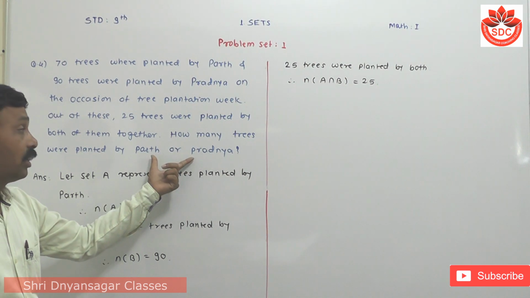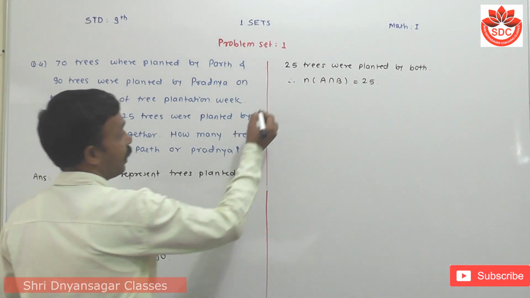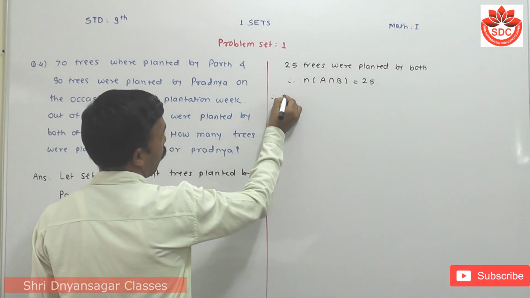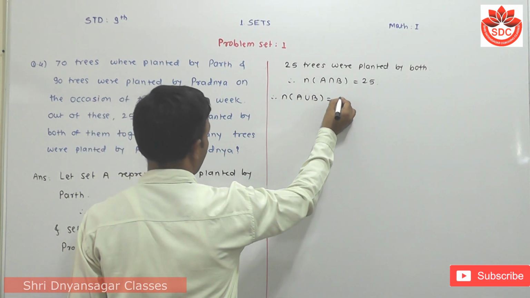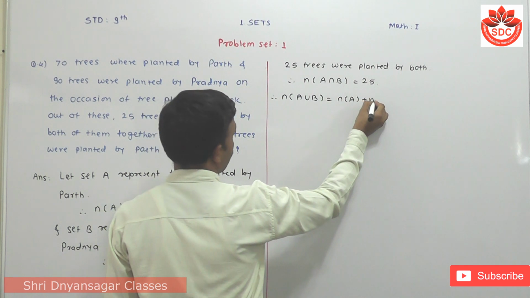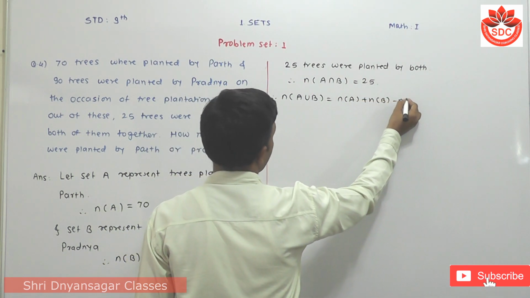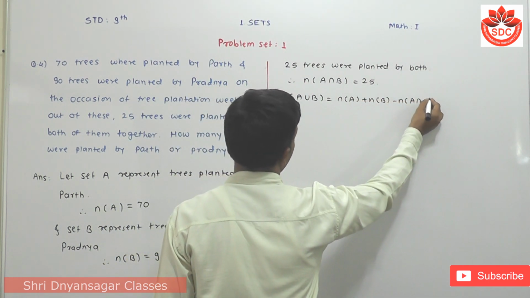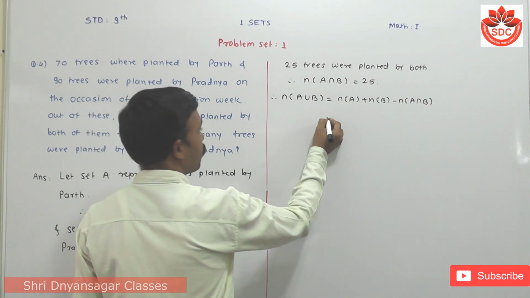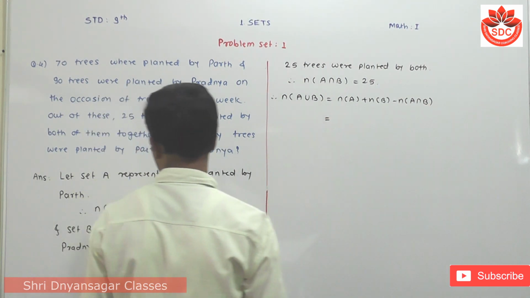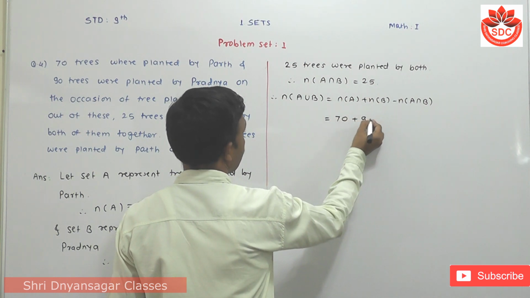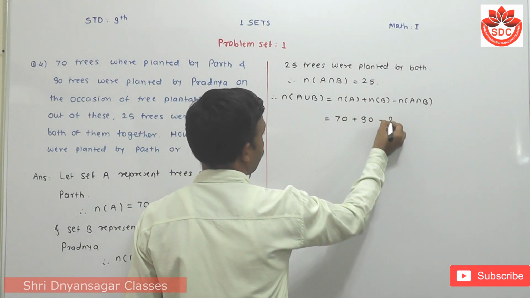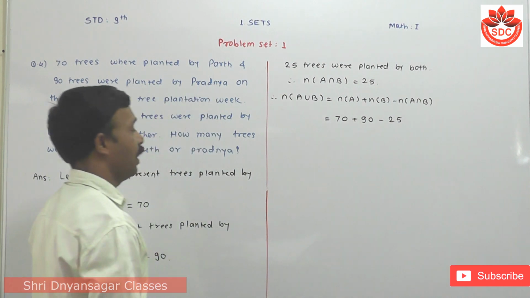That means you have to find their union. So by using this formula, n of A union B is equal to n of A plus n of B minus n of A intersection B. Substitute the values. n of A is how much? 70. n of B is 90 minus the intersection, 25.